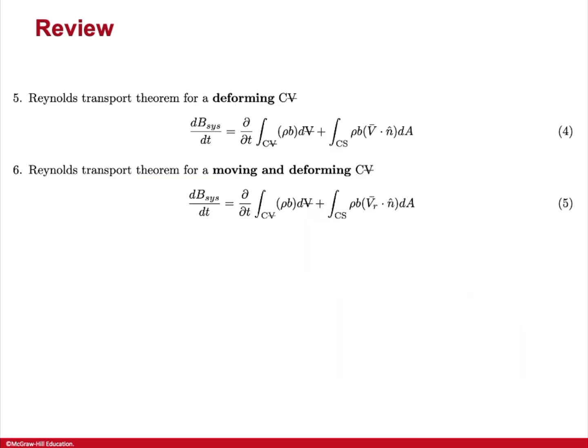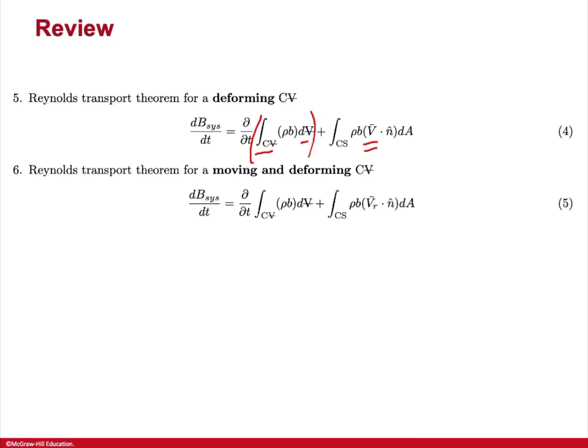Okay, so lastly, if you're talking about a deforming control volume, it's not moving, so you don't have relative velocity, you just have the direct absolute velocity of the fluid at the boundaries. But now since the shape can change or is changing with time, you cannot take this integral outside the time derivative, so it has to remain inside the time derivative.